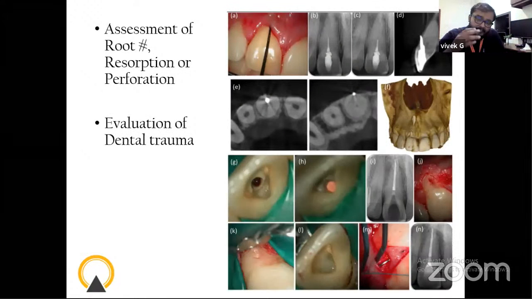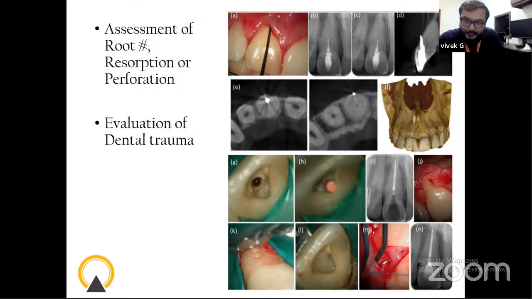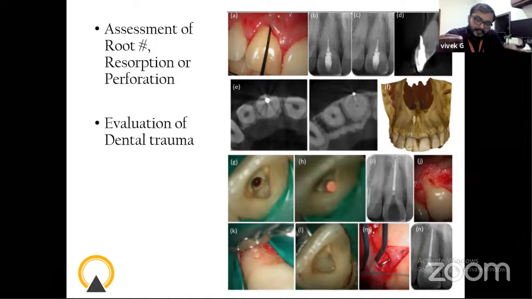You could see that it was completely under-obturated, but with the help of the third dimension with the CBCT, you could see that they had not only under-obturated, but had gone somewhere else into the buccal cortical plate. With the help of the CBCT and 3D imaging, we could remove the gutta percha, and the endodontist could then correct it and, with the help of a flap, do a resin-based filling over the root.